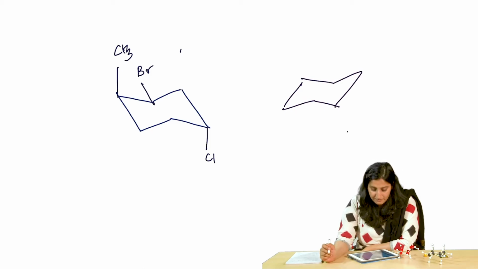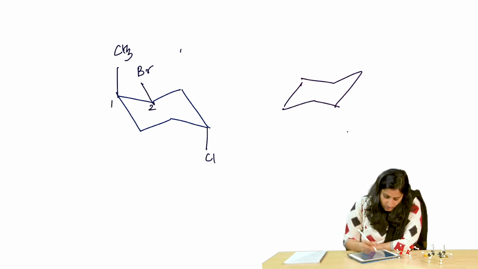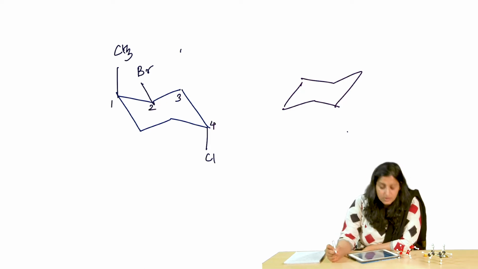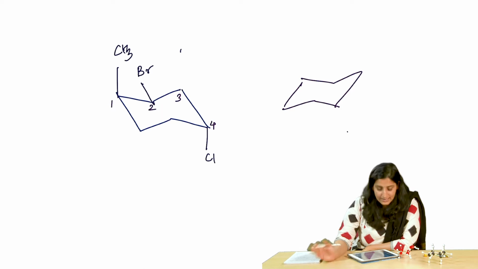So, I have drawn the chair flip such that I have drawn the mirror image of that chair, and remember this is carbon number 1, 2, 3, 4. So, I have substituents on carbon number 1, 2 and 4, and as the chair flips, the head becomes the legs and the leg becomes the head.